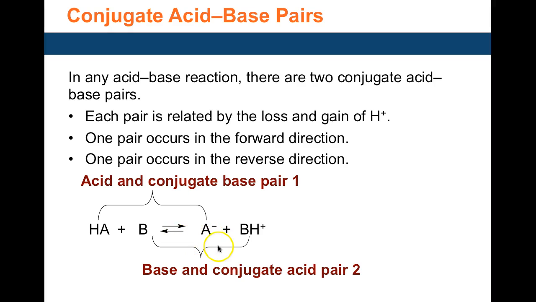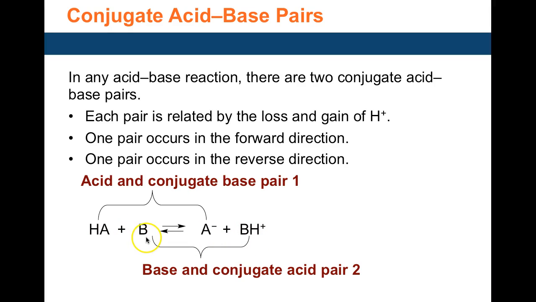So in the reverse scenario, the A minus, if this is the acid, the polyatomic ion or the anion now becomes the base, because it's able to get that proton off of this entity and become back the acid.